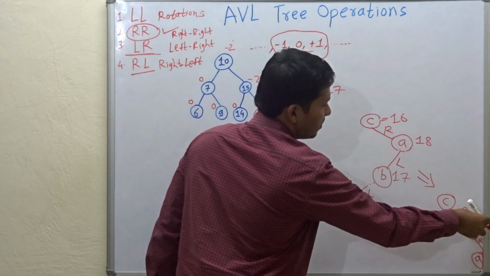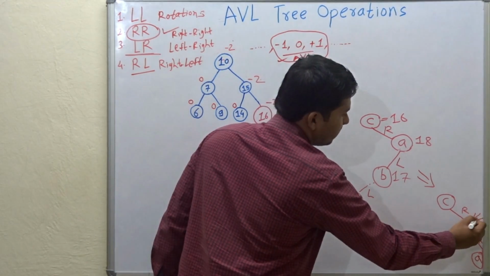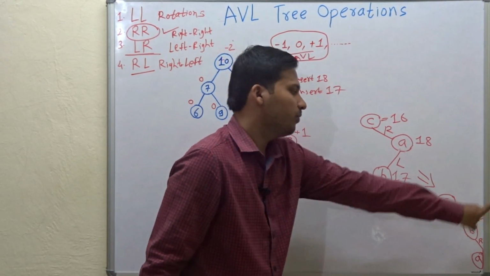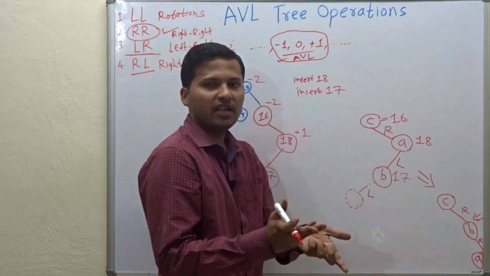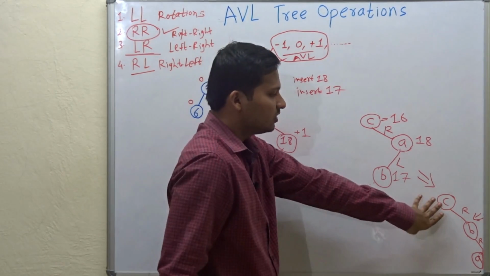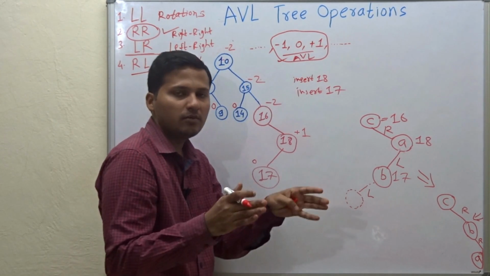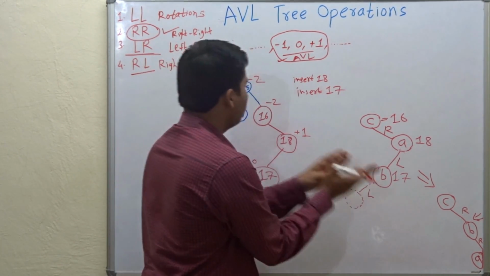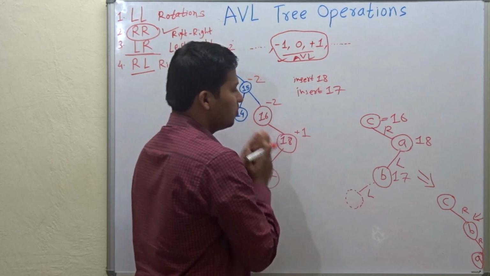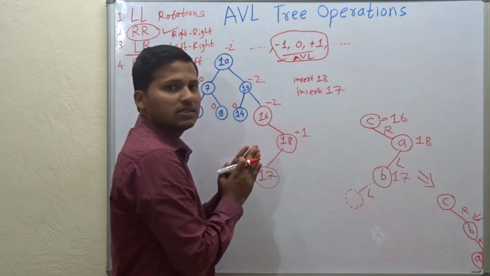For applying RR rotation you have to pull the node, as you know. So pull the node or use the greater than less than method, means just sort the values and directly put the values as a binary search tree and connect that branch to the parent of the imbalance node.